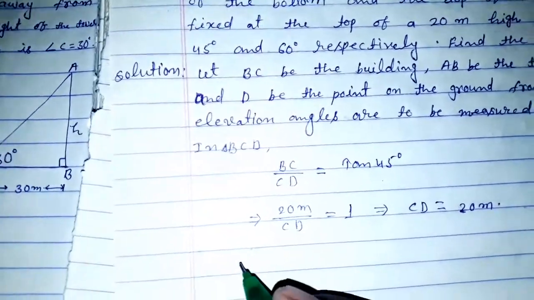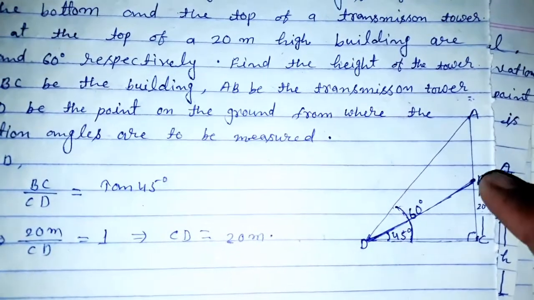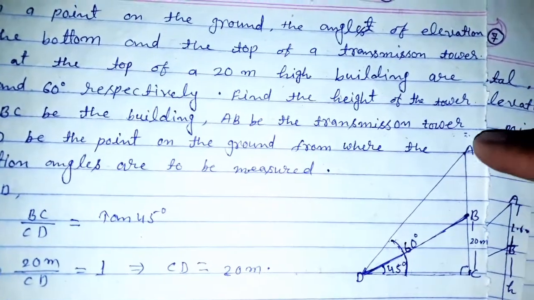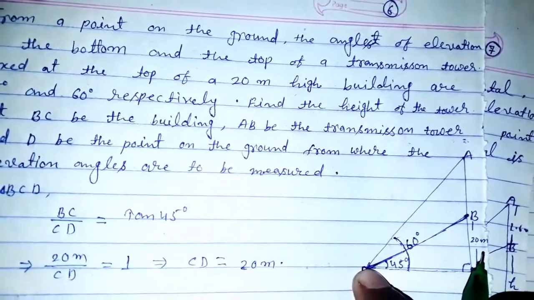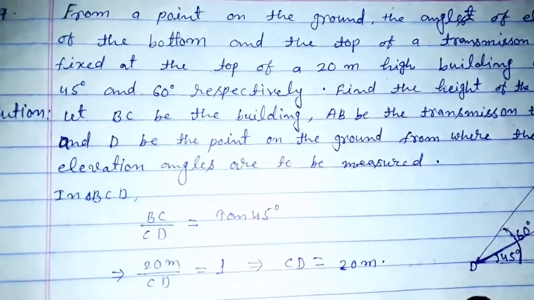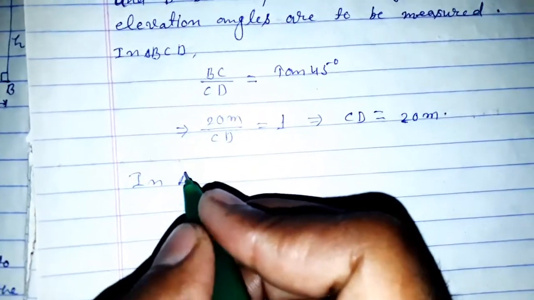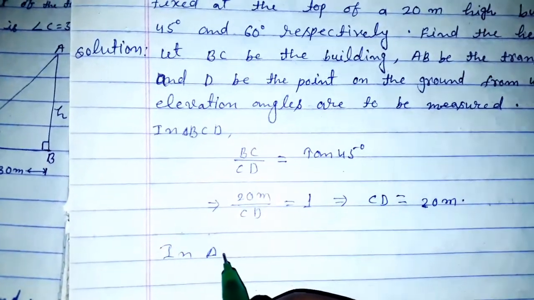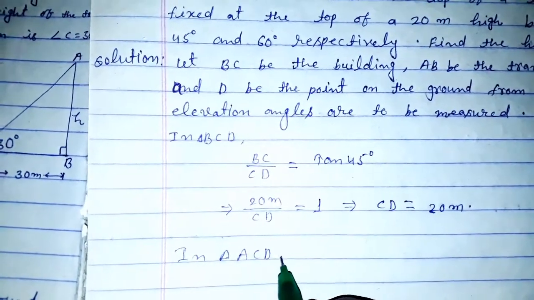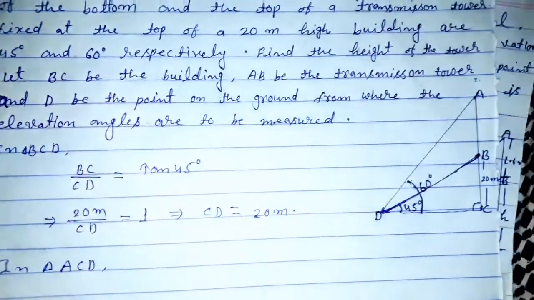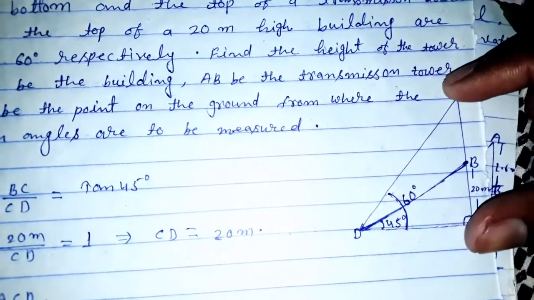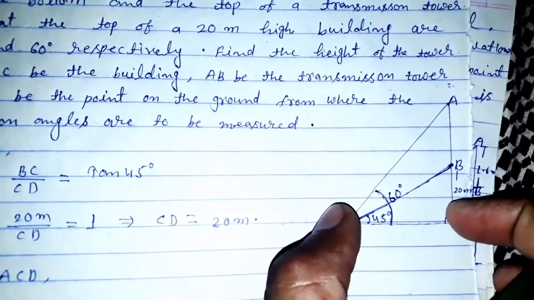Again, in the complete triangle ACD, take the ratio of this side and this side.